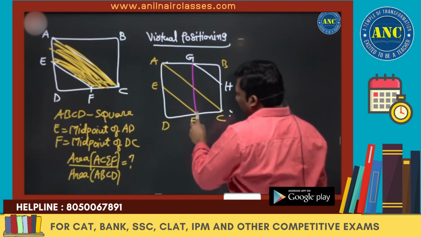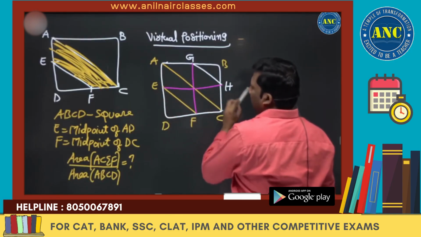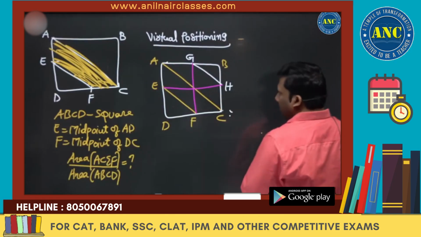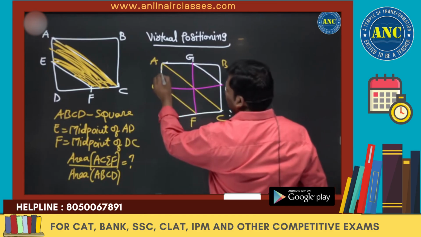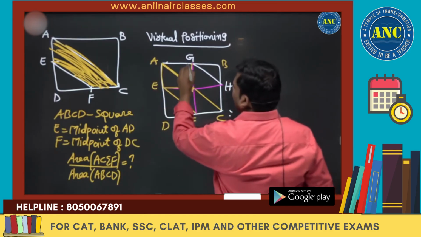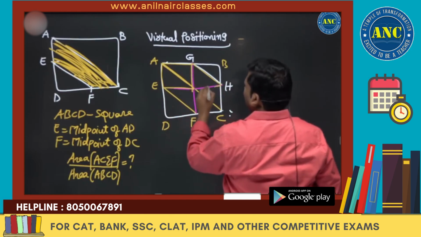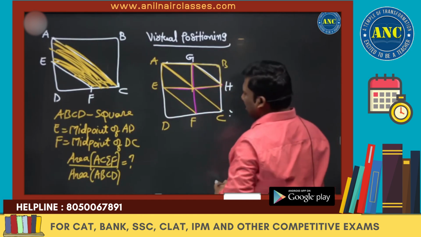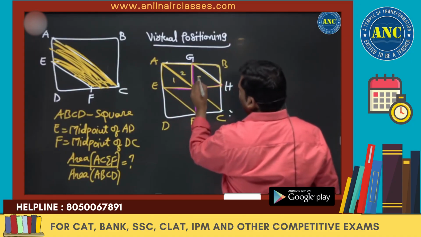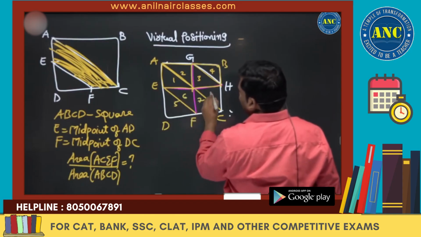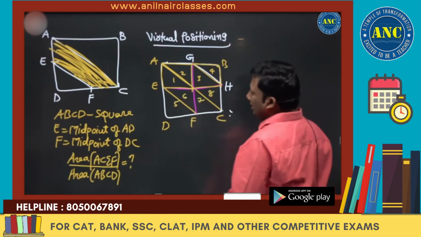Drop these perpendiculars. If I drop these perpendiculars, because it's a perpendicular, this is one right angle. The angle at the end point is 90 degrees. So totally 1, 2, 3, 4, 5, 6, 7, 8. Totally 8 right angles I got.